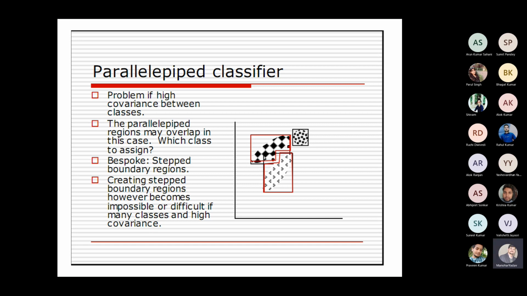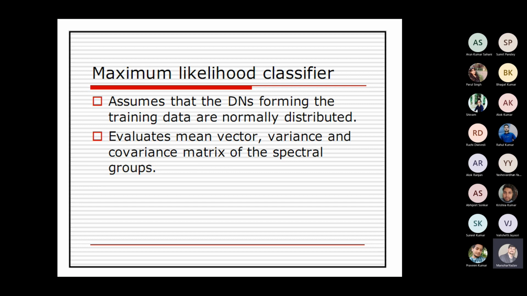This is very difficult to execute. Now, in such cases, we have the maximum likelihood classifier. The maximum likelihood classifier uses both variance as well as mean value to assign an unknown pixel to a particular class.